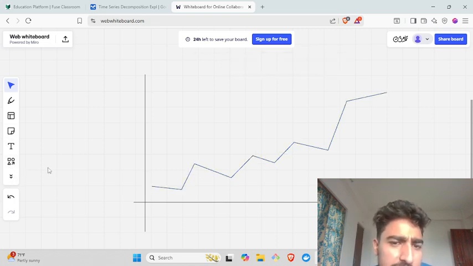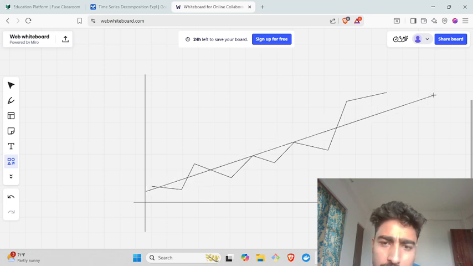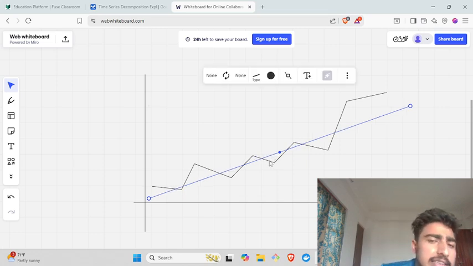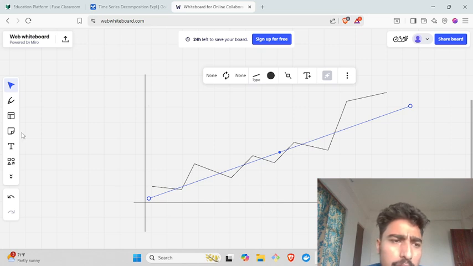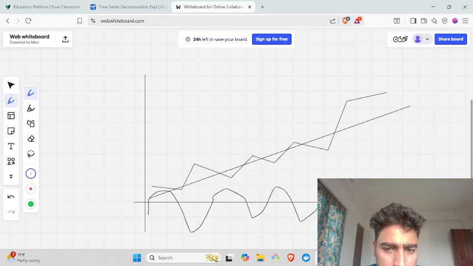If we have an upward trend, and our seasonality is like this.